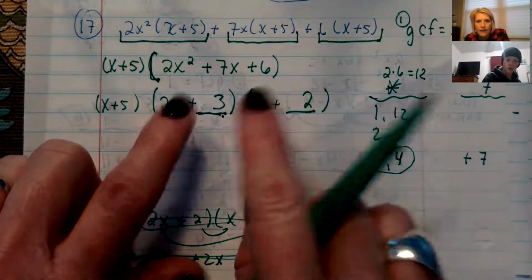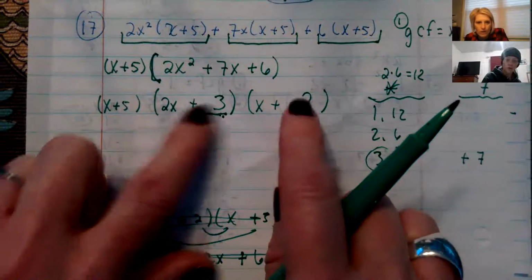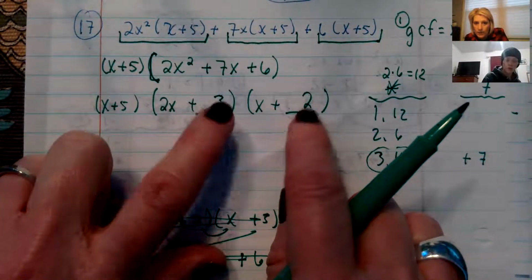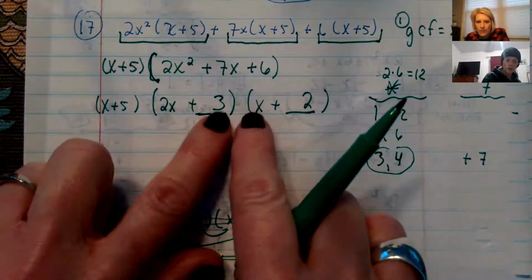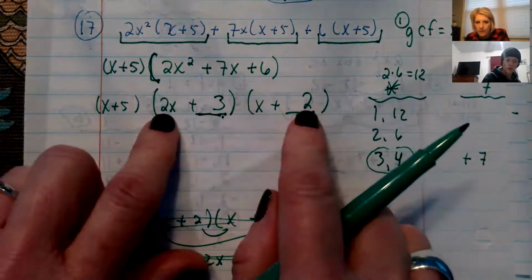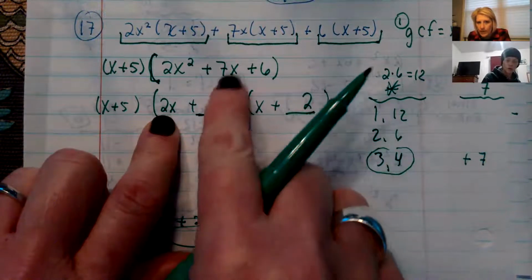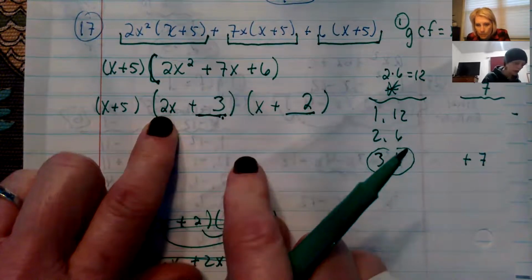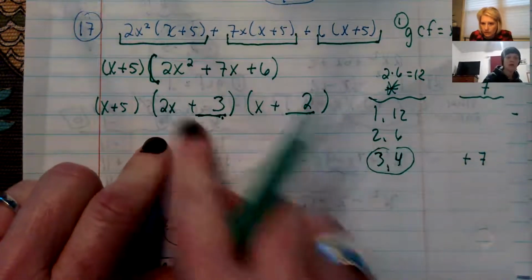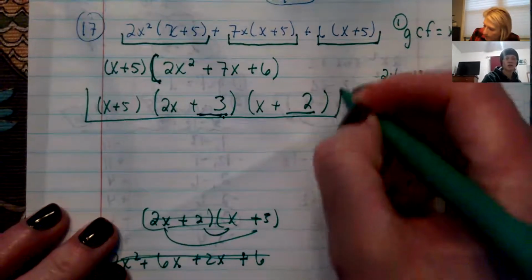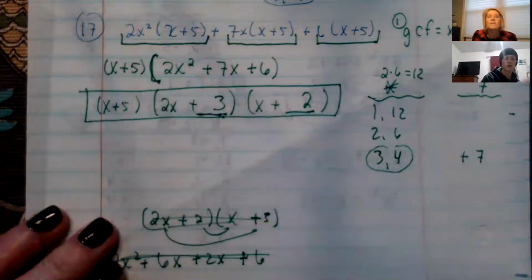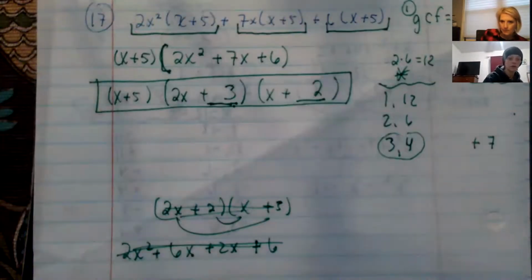Then I ask my outsides, do the two last ones multiply to make 6? And they do. And then I do the middle. So this makes a 3, and this multiplies to make my 4, and that's what adds to make my 7. Got it. So your final answer is the x plus 5 times the x squared plus 7x plus 6 factored. Yep, got it.